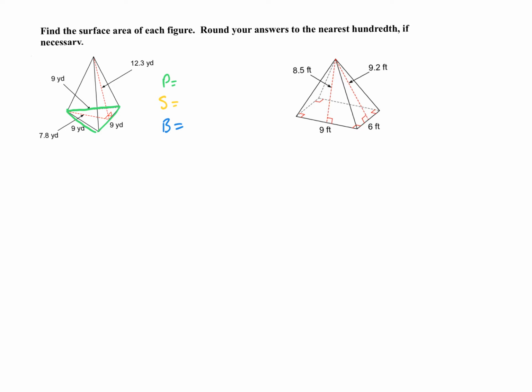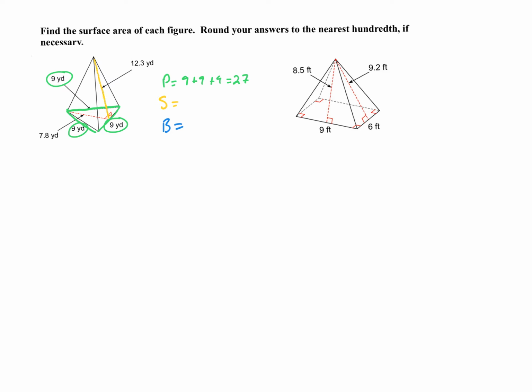So first off, I guess the P would be 9 yards. That's this one right here. Plus 9 yards. Plus 9 yards. That's going to be 27, 9 times 3. The S is this length here.